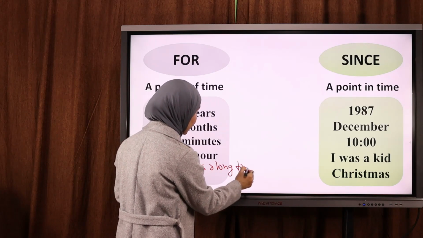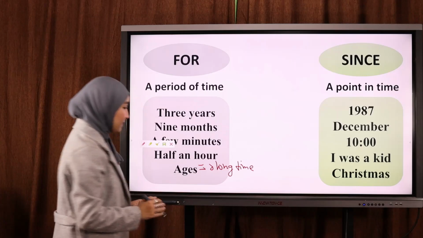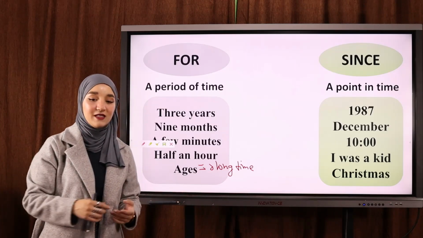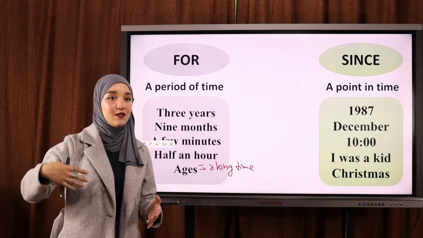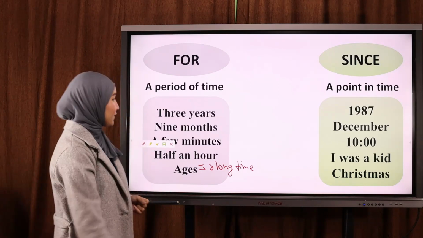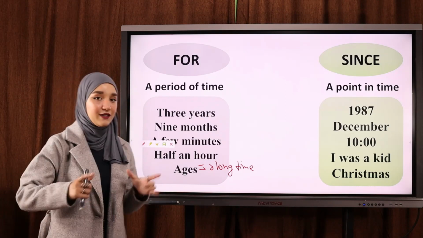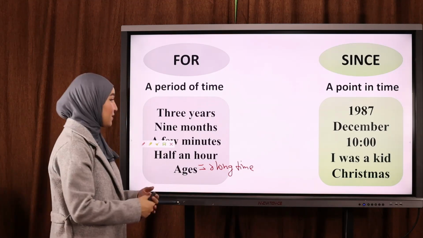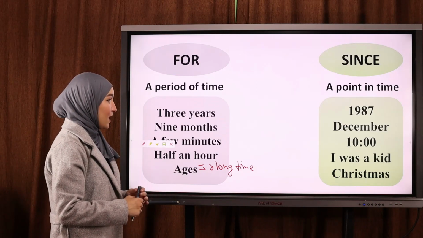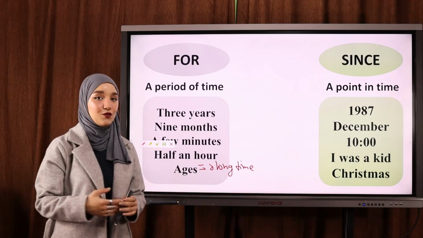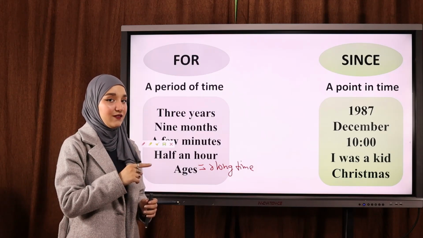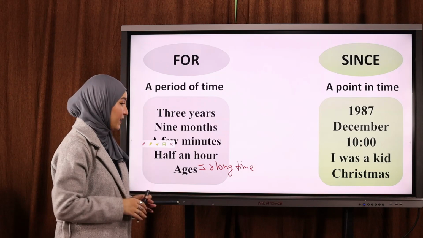Sometimes we exaggerate and say, I haven't seen you for ages. So, for is used for a period of time, the duration. For example, we've known each other for 3 years.